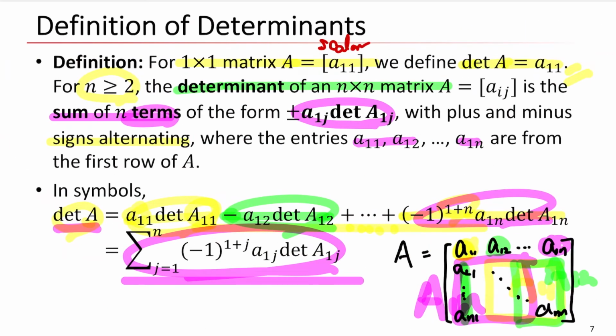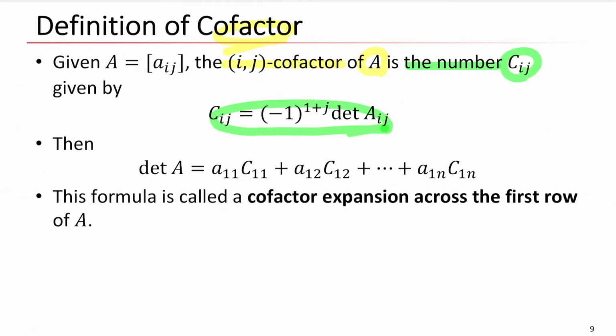From the concept of the cofactor, we can rewrite the determinant of the matrix A as something like this. Then this formula is called the cofactor expansion across the first row of matrix A.